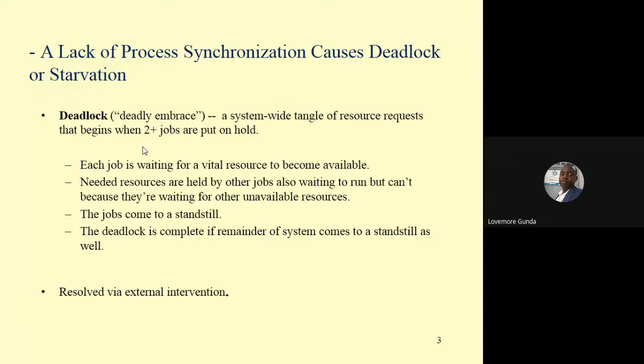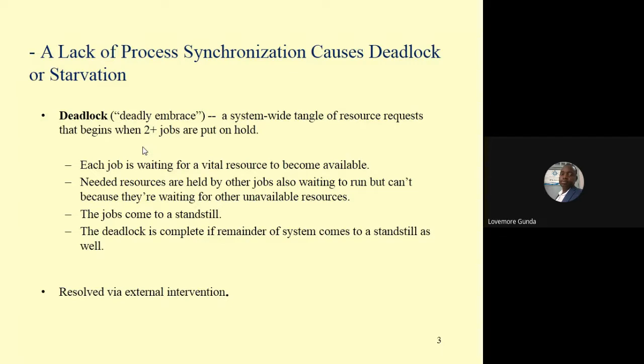And when we talk about a deadlock, we are talking about a system entanglement whereby a resource is being requested by a process, and you find out that that resource is also held by another process, which might also be waiting for another resource that is being held by another process, right?